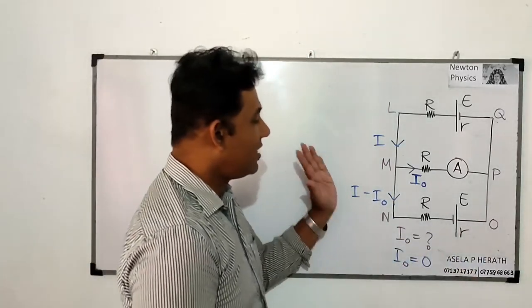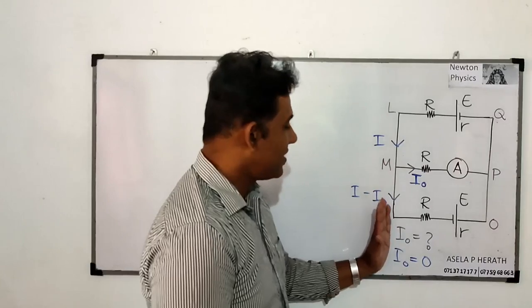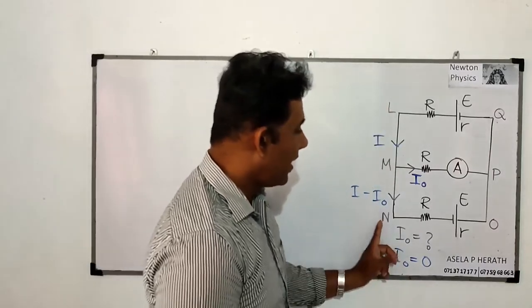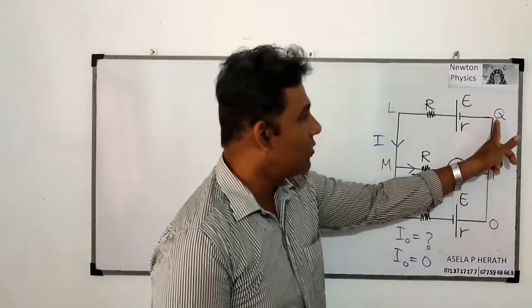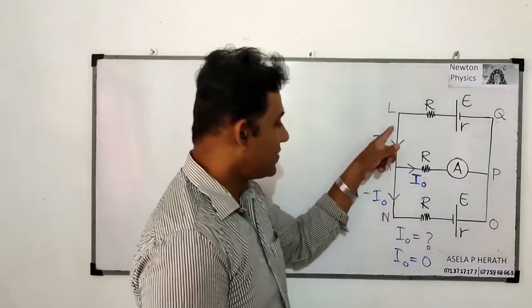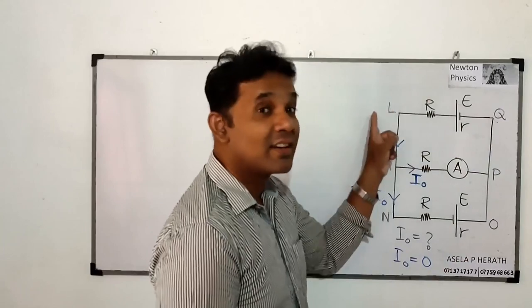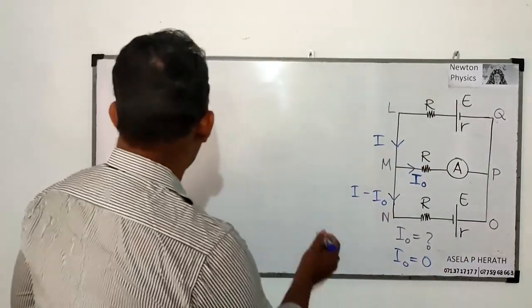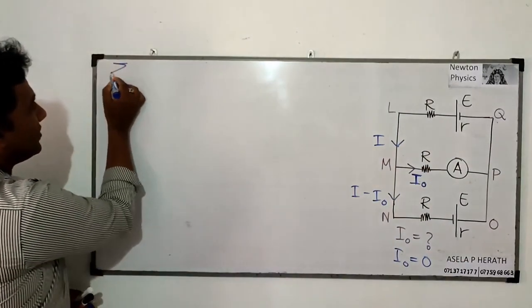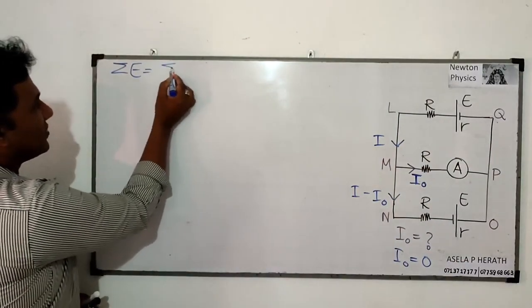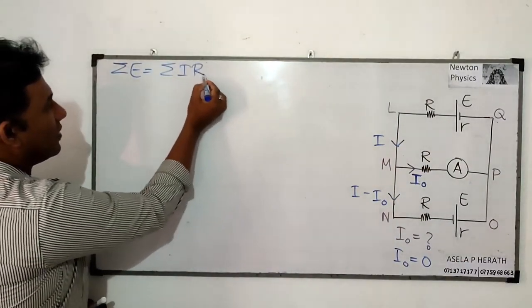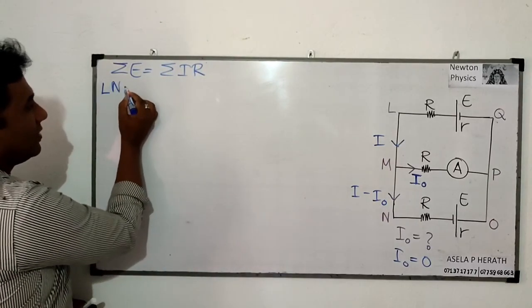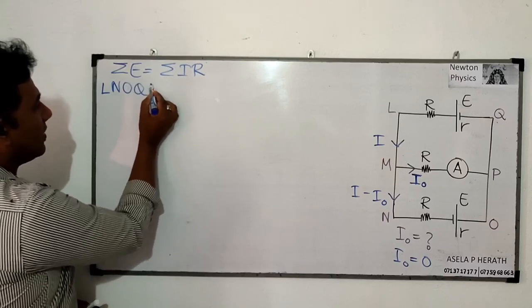Now first I will apply Kirchhoff's second law for the enclosed circuit L, N, O, Q, L. That means I am applying sigma E equals sigma IR.